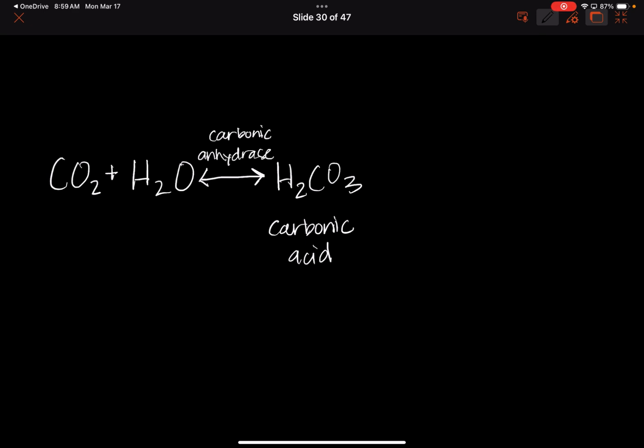And then that is also reversible with a bicarbonate ion and a hydrogen ion. So our body goes back and forth on this equation every day based on our current conditions.